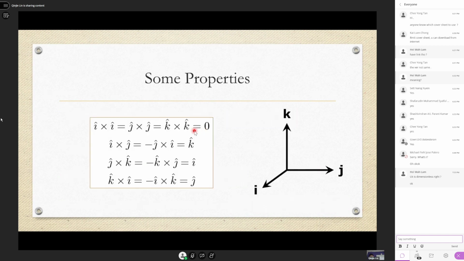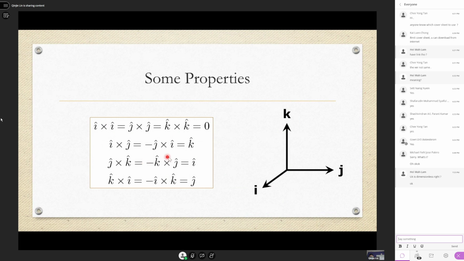So if you look at unit vectors and the cross products, it will look like this. If you cross something with itself, because it's in the same direction, it will end up as 0. But if you cross with another unit vector, you can see that they are always nicely at 90 degrees, correct?